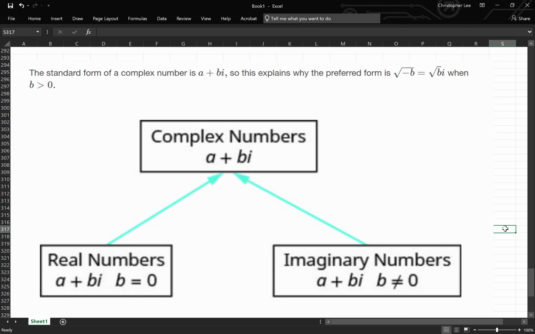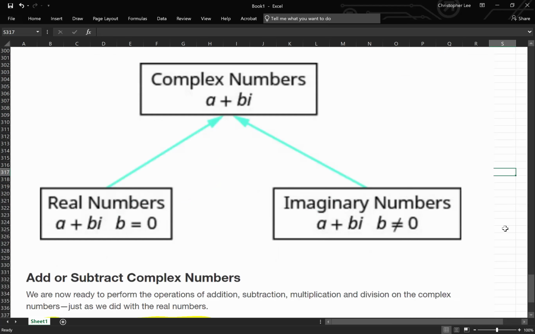So this explains why the preferred form is the square root of negative b is equal to the square root of b times i, when b, of course, is greater than 0. So remember, real number is when you have a plus bi where b is 0, right? An imaginary number is where you have a plus bi where b does not equal 0, and put them together, you get a complex number, a plus bi form. All right?